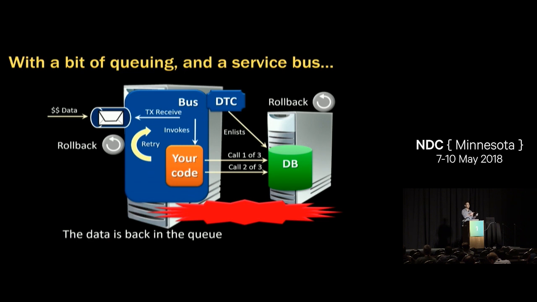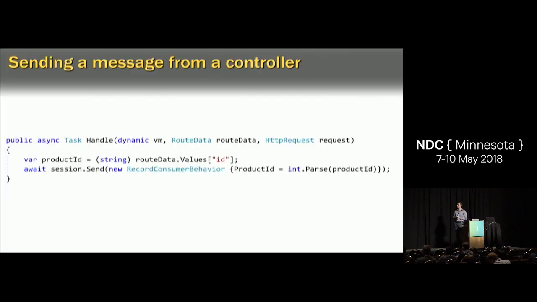In order to send a message into a queue, it looks something like this. You have some controller, and it could be that sales controller or the pricing controller or what have you, that is handling that HTTP request, and you turn around for that HTTP request and create an object. In this case, we're talking about the record consumer behavior message, because we want to track what it is that the user is doing on our website.